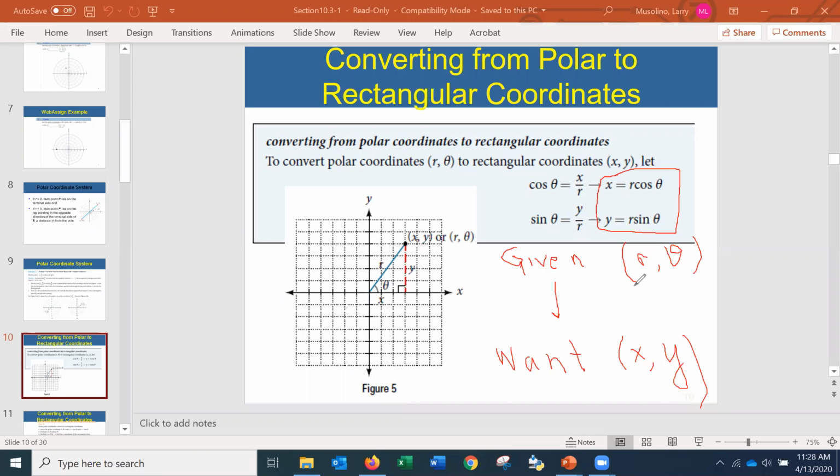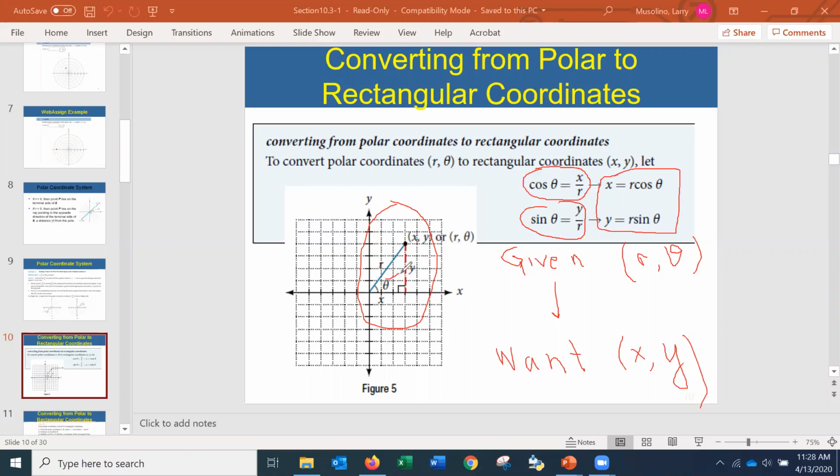Now, these formulas are not that mysterious because they really just come from the definition of cosine being adjacent over hypotenuse. And you remember the definition of sine is opposite over hypotenuse. So if you look at this little diagram here and you ask yourself, what is sine theta?